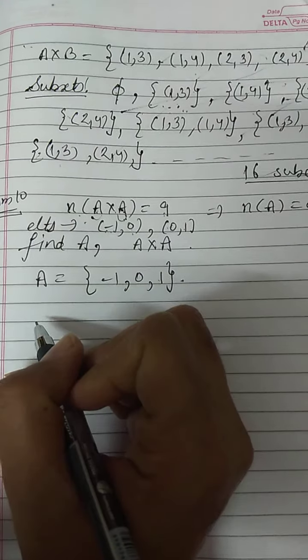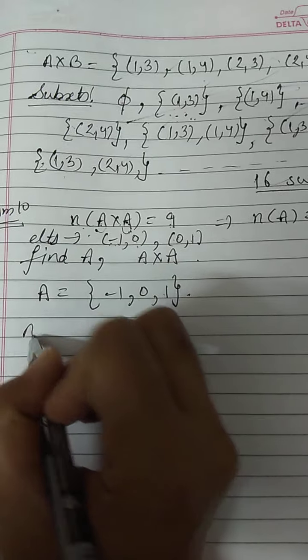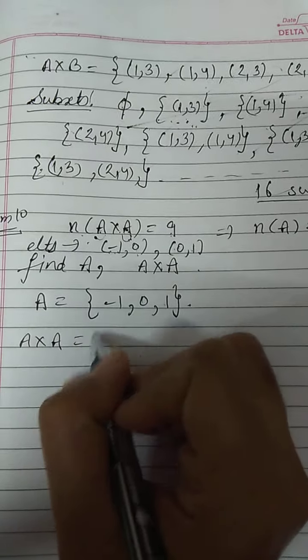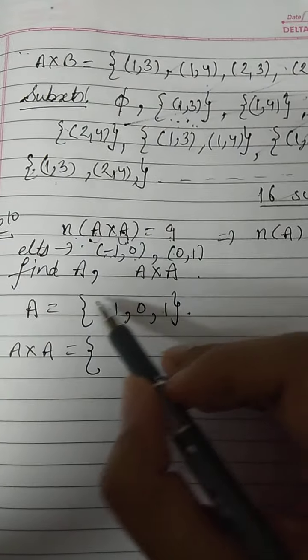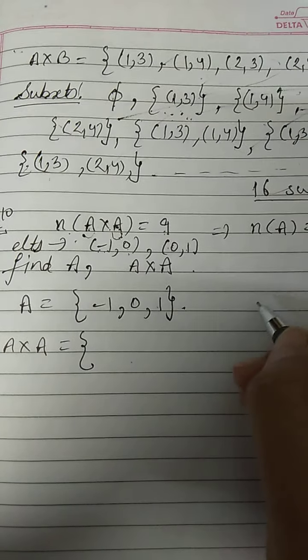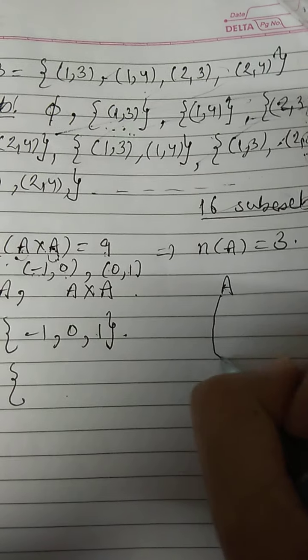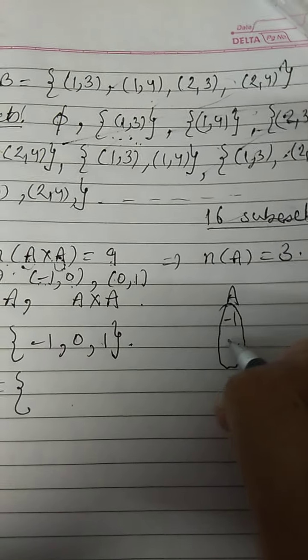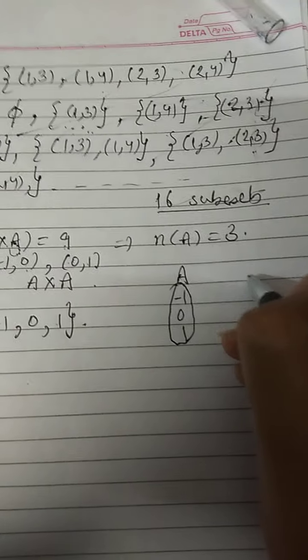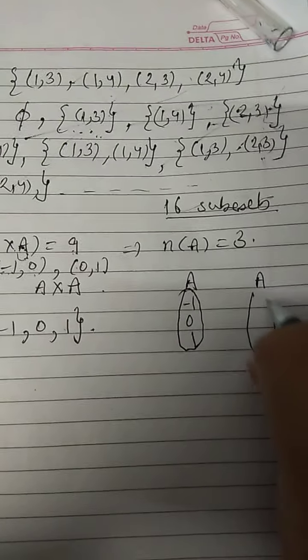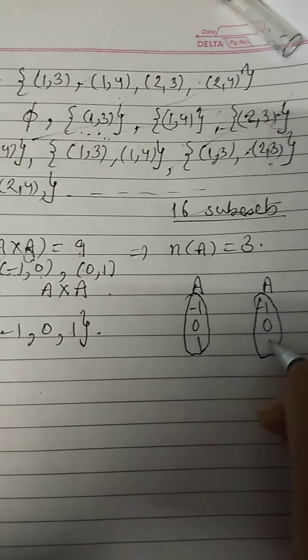Now what is the next thing that we have to find? A cross A. When I find A cross A, if I write down here, set A is having -1, 0, 1, another set A is having again -1, 0, 1.